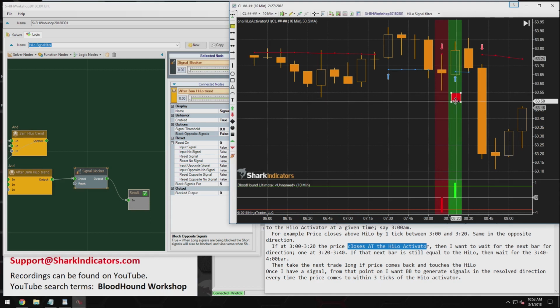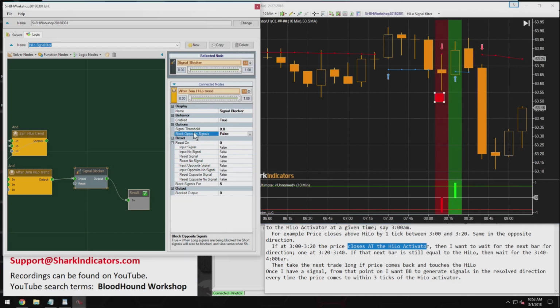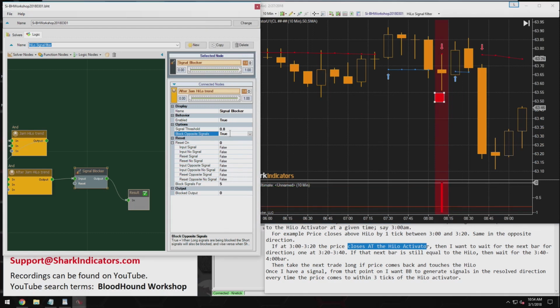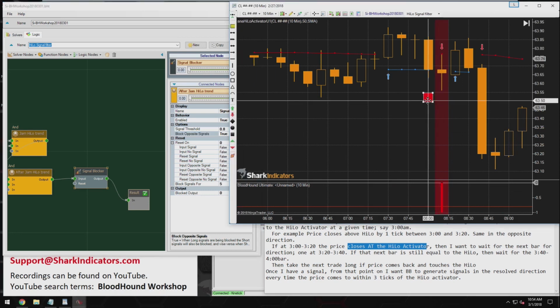As we can see here, a long signal showed up, so one long signal was able to get through. But I think the intent is that as soon as we have our first signal, we don't want anything afterwards. So we can use this block opposite signal, set that to true, and there we go. So there. All right, so here's our 8 a.m. bar, which had no signal, and then the next bar had a signal.